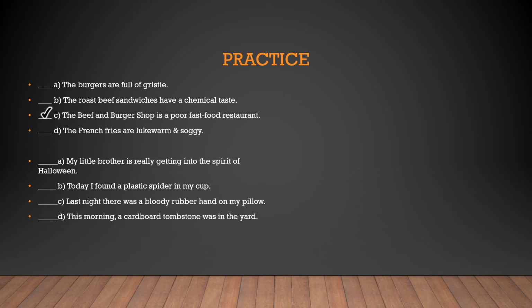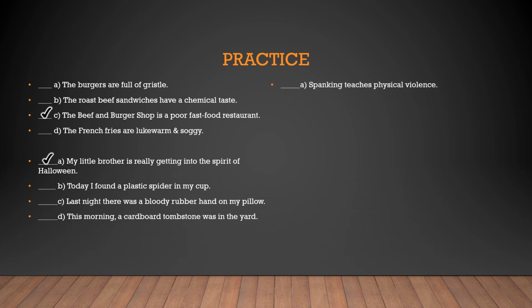And what we're looking for, again, is the one sentence that sums up everything else, that basically acts as an umbrella, if you want to think of it that way, for all of the other sentences. And in this case, it's the first one. My little brother is really getting into the spirit of Halloween. All the other three sentences underneath it are evidence to suggest that. It's everything that says that these are activities that the little brother is engaging in.